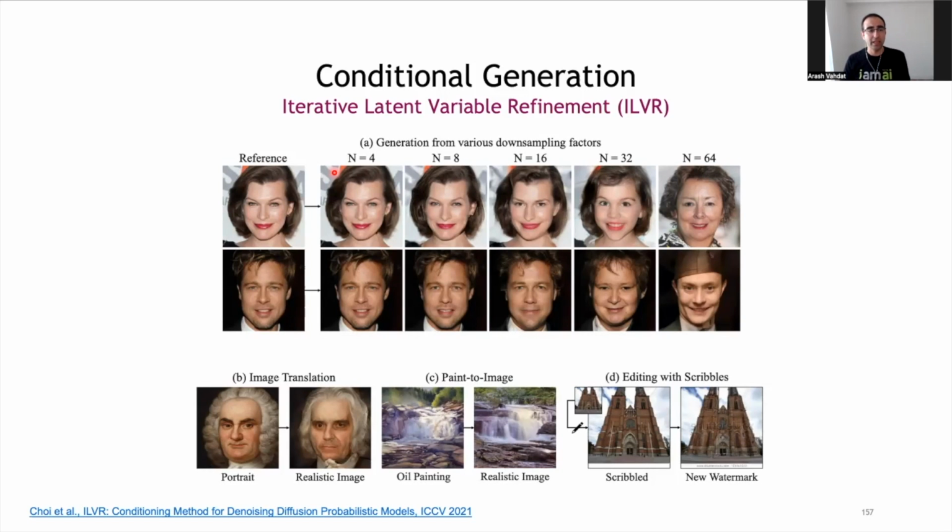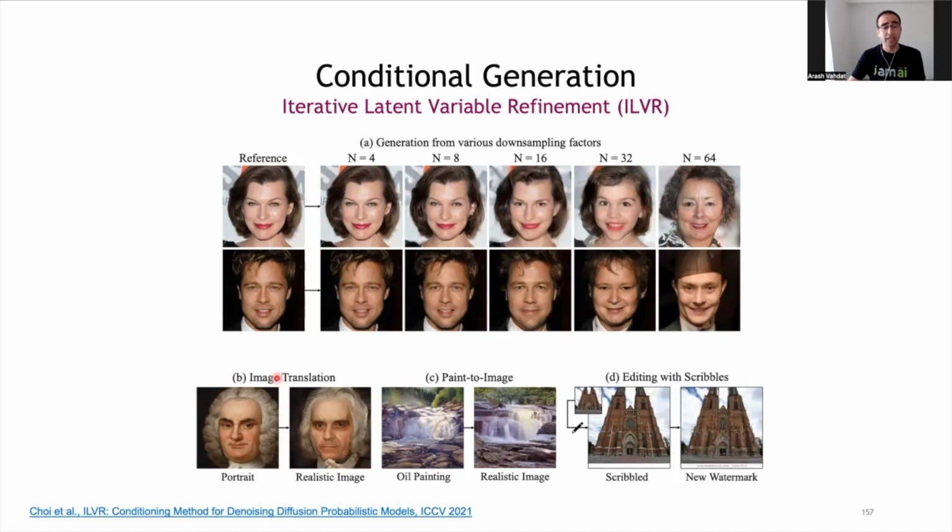So you can see that we're generating an image that is very similar to the reference image. And as we increase this n, we can see that different levels of detail can be generated through the diffusion model, and the more global characteristics, like more global arrangements or low frequency content of the image, still remain the same as the reference image.